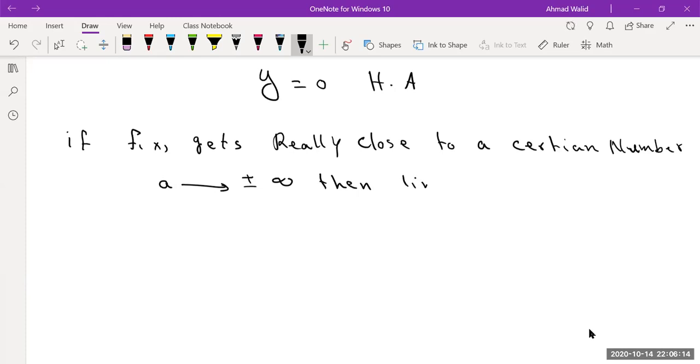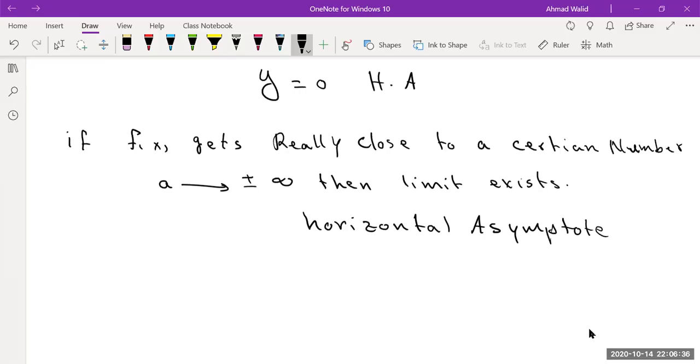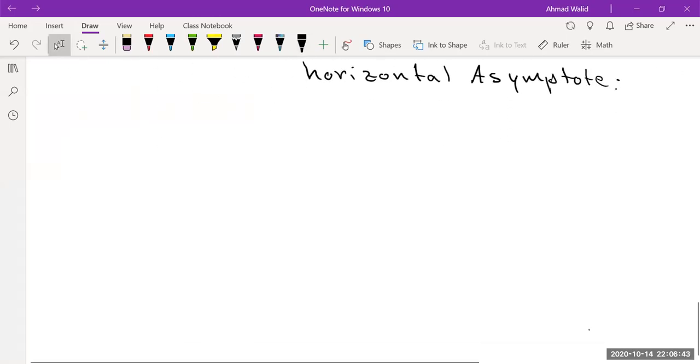You see, your limit is 0, your limit exists. And this limit, we call it what? Horizontal asymptote. Hopefully, I could explain it well to you. Now, let's focus on this example.